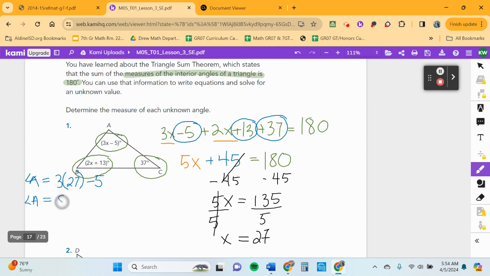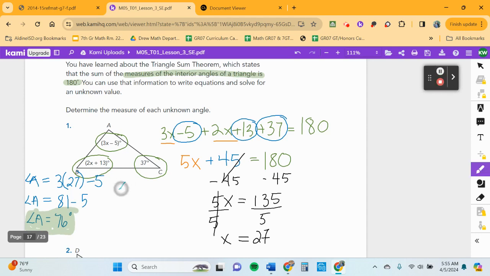So 3 times 27 gives us 81. Take away 5. I know the measure of angle A is equal to 76 degrees. And that is my final answer for A, but I still have one more angle to go.